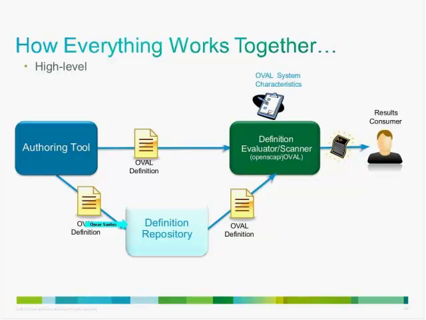Our repository, in our case, of course, is cisco.com, but an OVAL definition can be fed either directly from the authoring tool to a definition repository, or from the authoring tool to an evaluator.